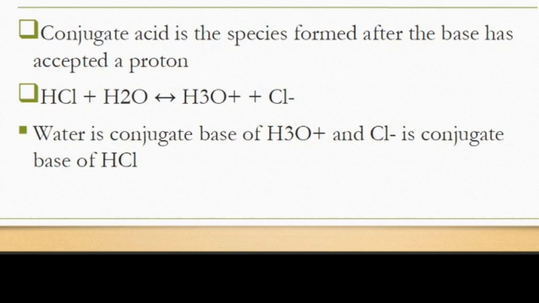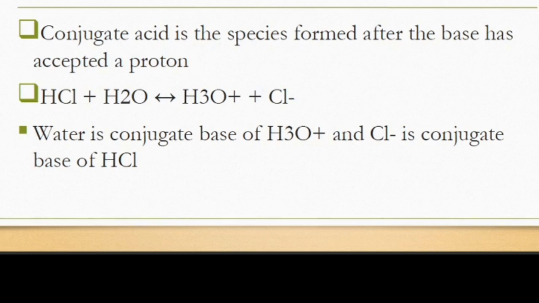In this example, we can see that HCl, when it reacts with water, is an acid that gives a proton, and water is the base that accepts the proton due to the lone pairs present on the oxygen atom.